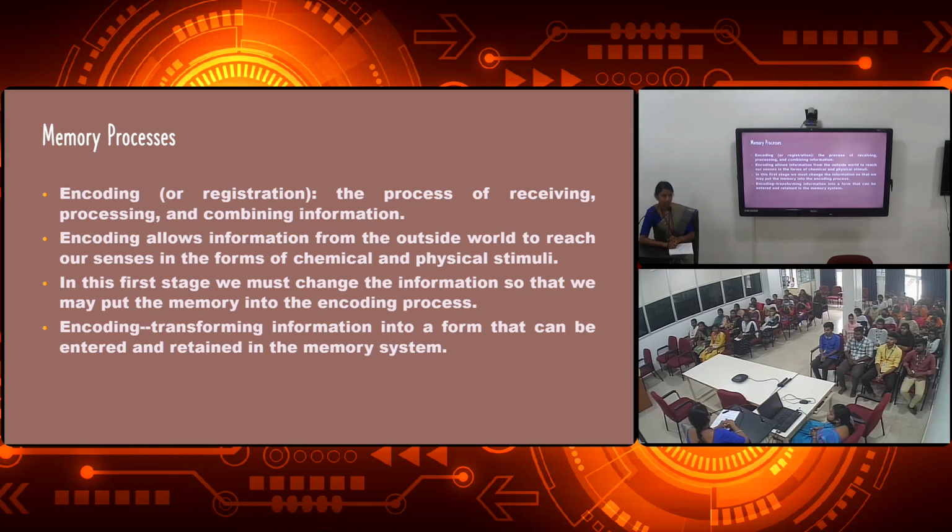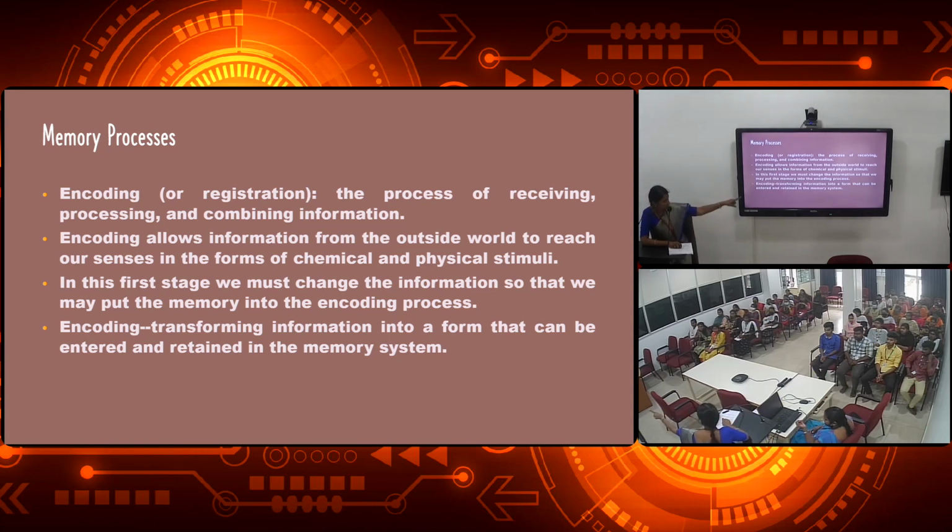What is a stimulus? Anything that makes you react is called a stimulus. Any information which we are getting from the environment is called stimuli. That stimuli helps information to enter from the environment.